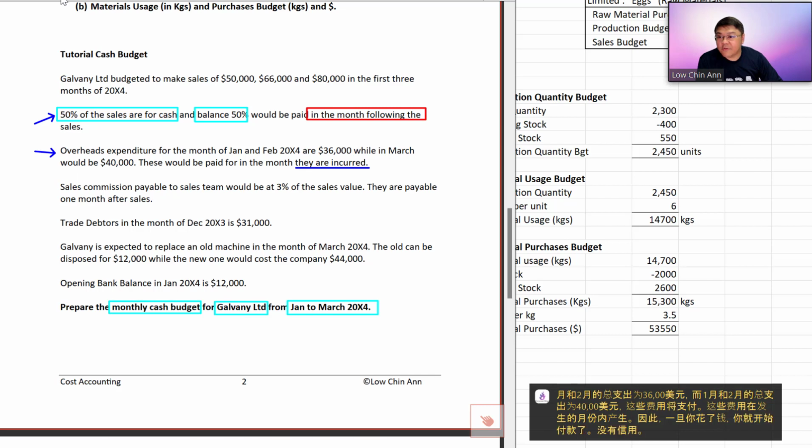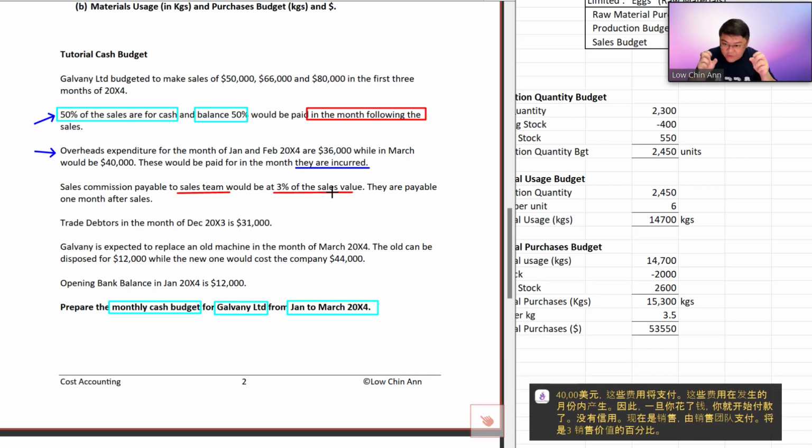Now, sales commission payable to the sales team would be 3% of the sales value. So that will teach you how to calculate your sales commission. Then they say it is payable 1 month after sales.